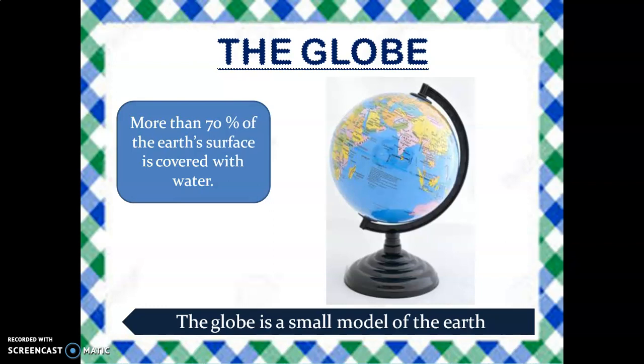More than 70% of the Earth's surface is covered with water. You can see in this globe, whatever blue color you can see, that is the area of the Earth covered with water. And the colored portion is the land area.